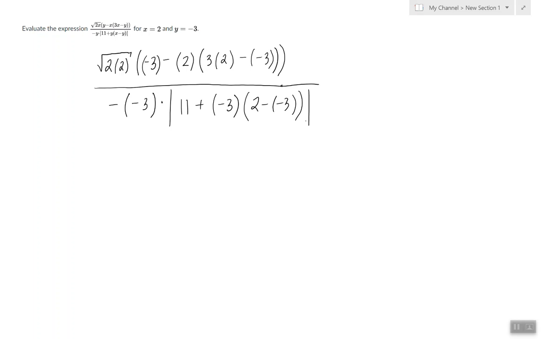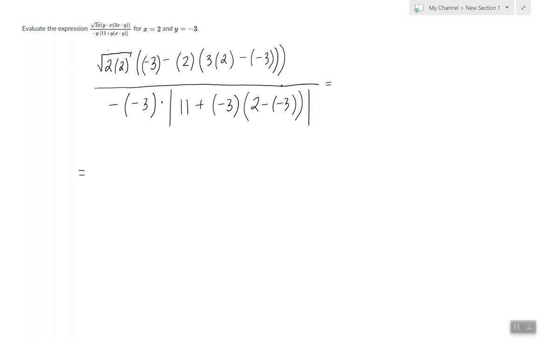Alright, so according to the order of operations, we do what's inside of the innermost parentheses first. So I'm just going to slowly work myself out here. You can start working on multiple parts at once.